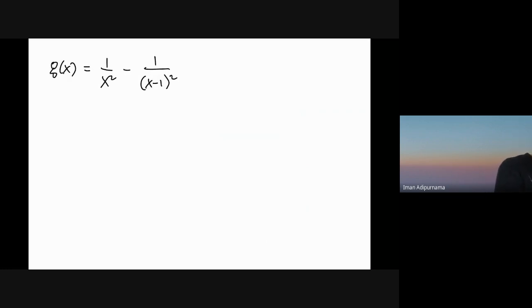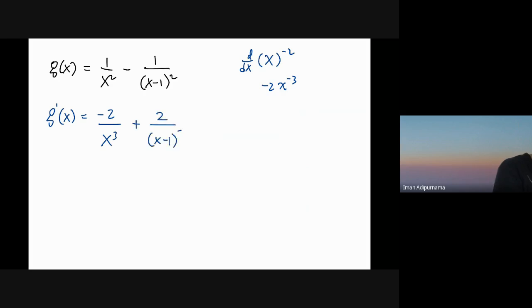From here we can get the first derivative, which will be negative 2 over x cubed, and this will be similar with the (x minus 1) cubed. And we need to make this equal 0 to check the critical point or critical number.